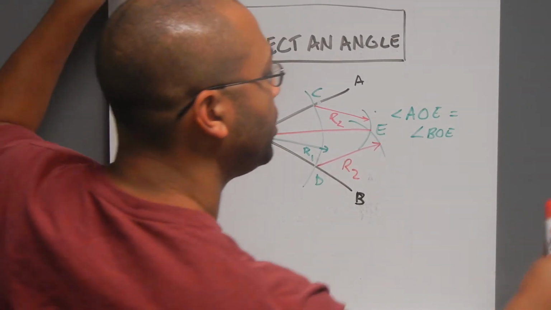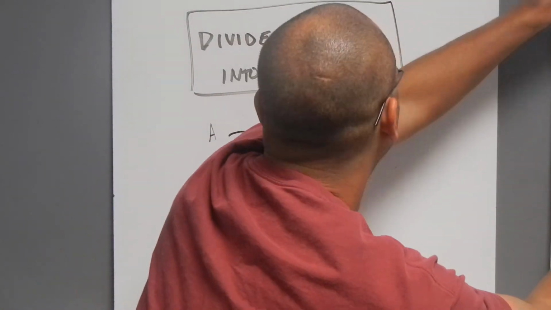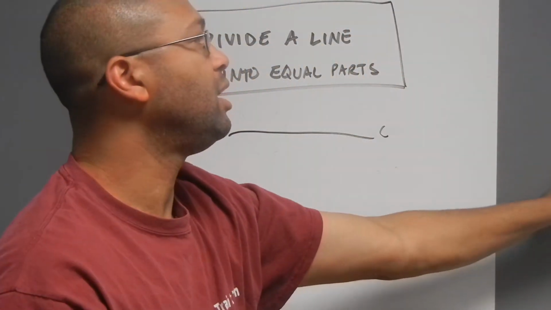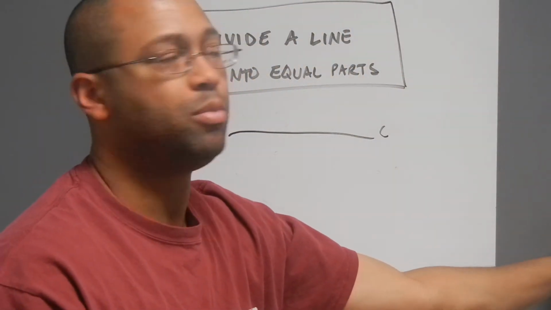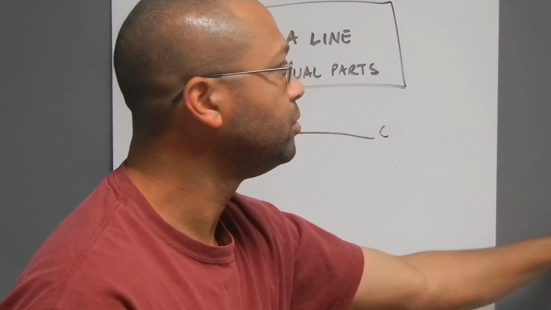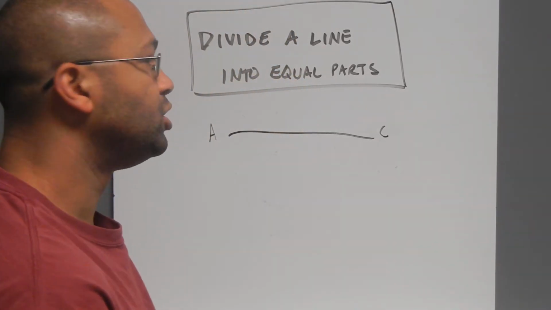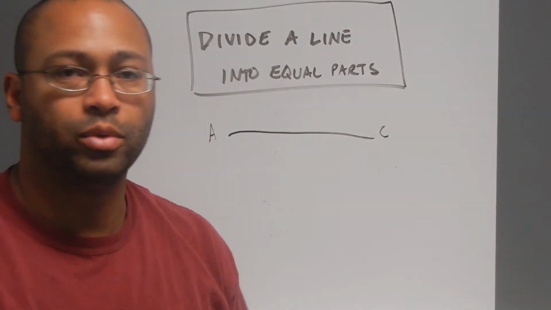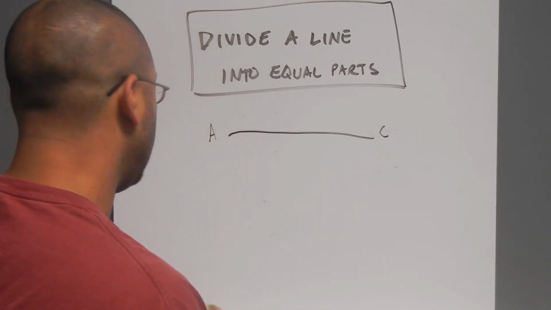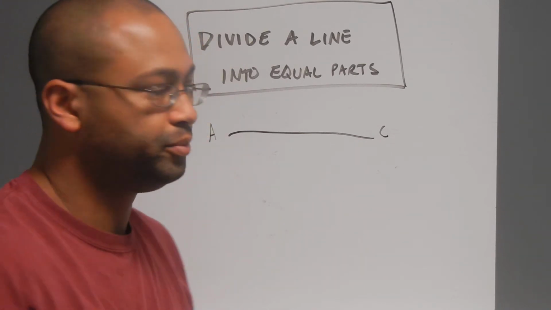The last one that we're going to look at is taking a line and dividing it into equal parts. Okay, so I'm going to need a ruler on this one, and I'm also going to need a triangle.